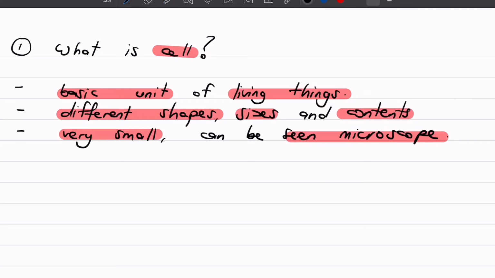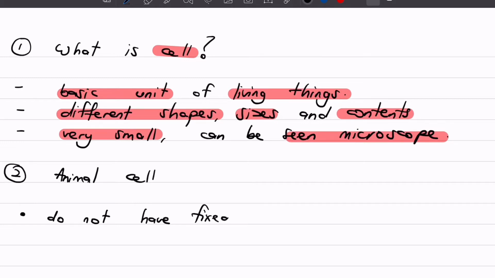Okay, I'll move into the animal cell. So you have to understand what an animal cell is first. The characteristic is that they do not have a fixed shape.